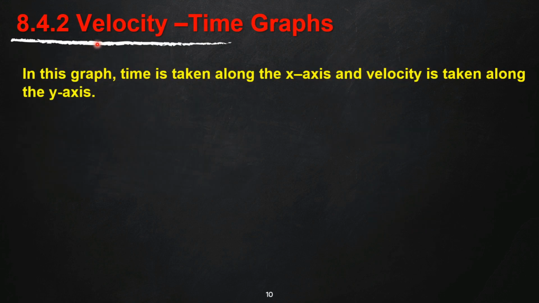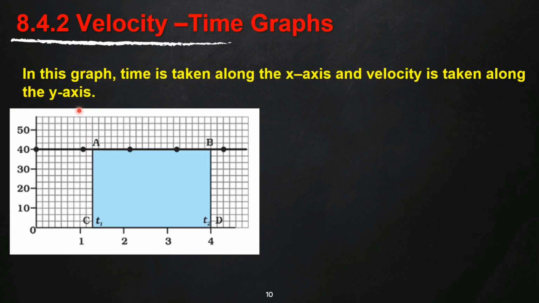Our next topic is the velocity time graph. In this graph, time is taken along the x-axis and velocity is taken along the y-axis. So the graph is in such a format. See here 1, 2, 3 on the x-axis, and it is time in hours.